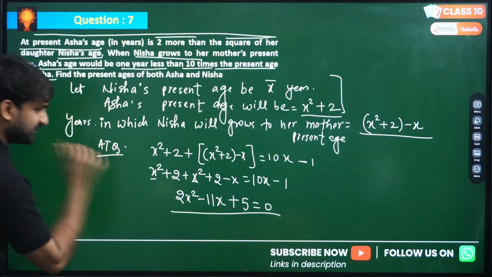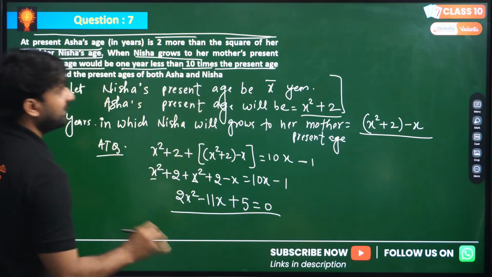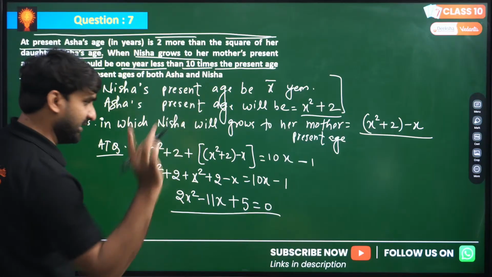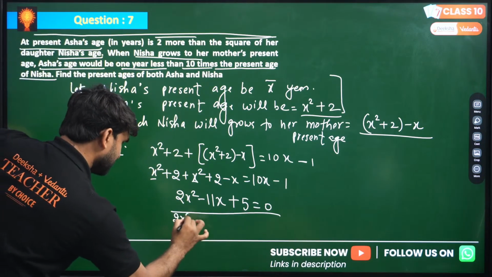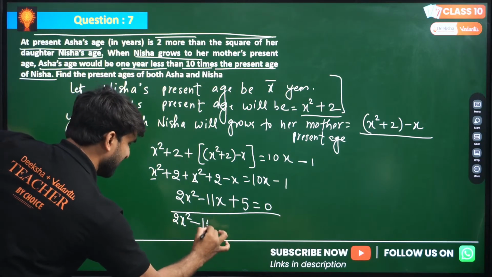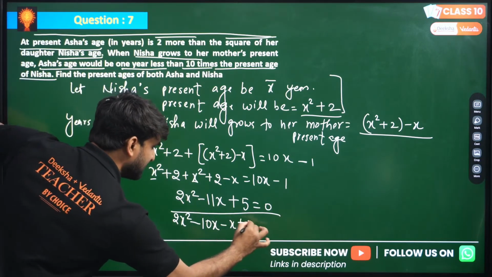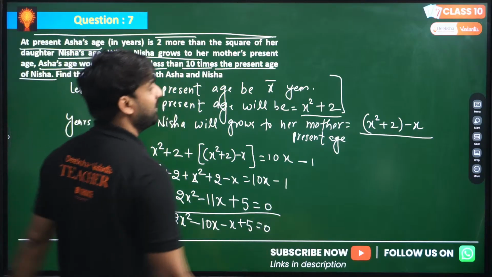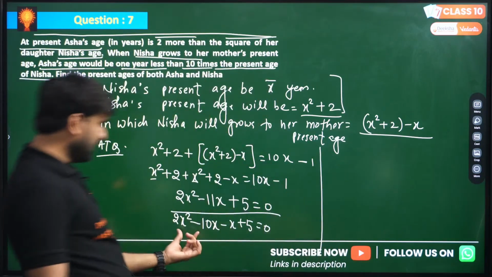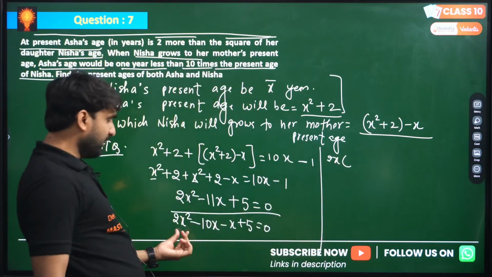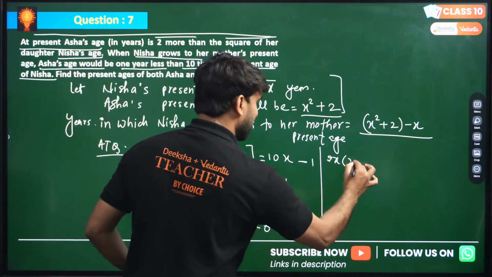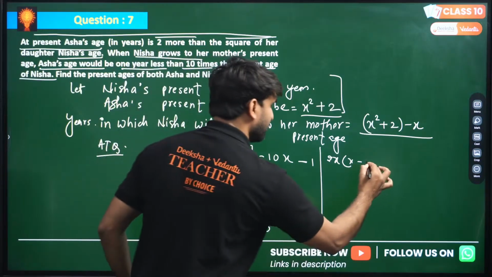Now solve this. 5 times 2 is 10, and 10 and 1, 10 plus 1 is 11, and 10 into 1 is 10. So we can write 2x square minus 11x as 10x minus x plus 5 equals 0, my dear champ. Can we take 2x as common? Yes, 2x common, so x minus 5 and 2x minus 1.